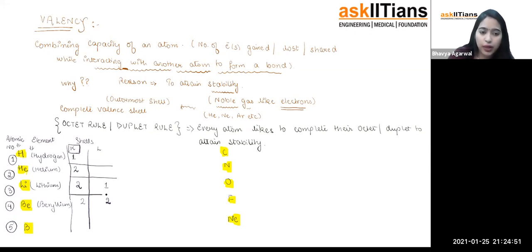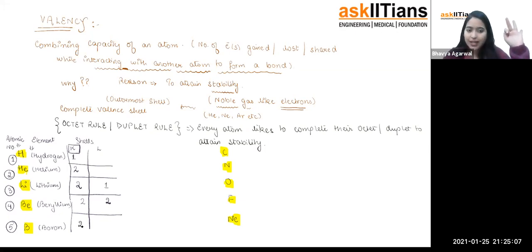Now, I talk about the next atom, which is boron, represented by B. It has an atomic number of 5. So 2 electrons will go to the K shell because the K shell can accommodate a maximum of that. How many electrons are left? 3. 3 electrons can go to L because L can have a maximum of 8.